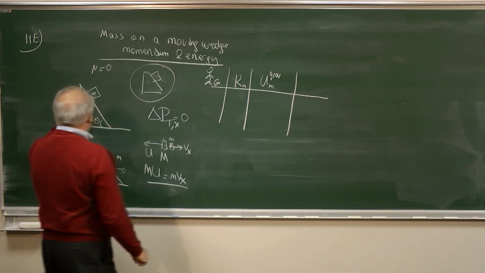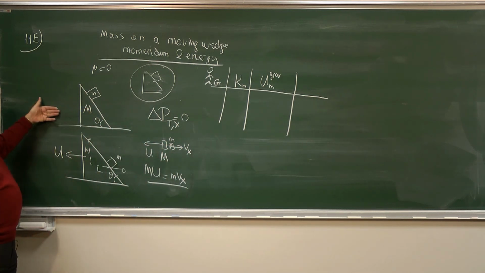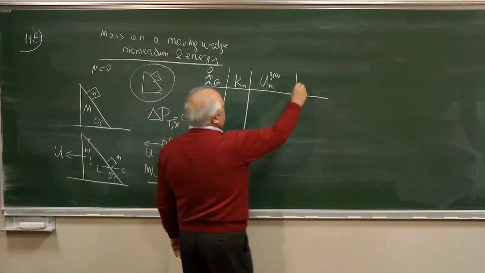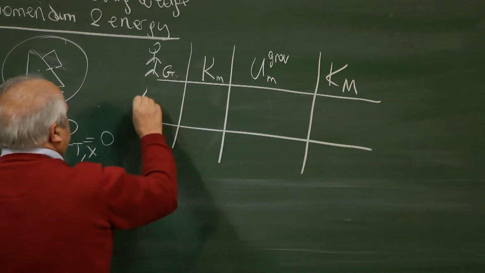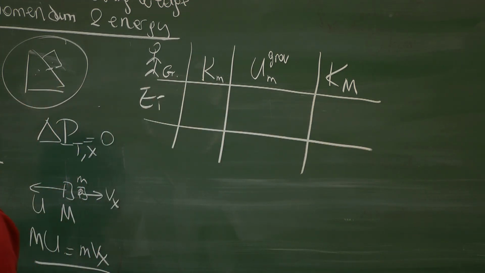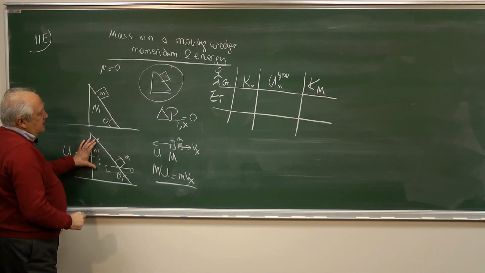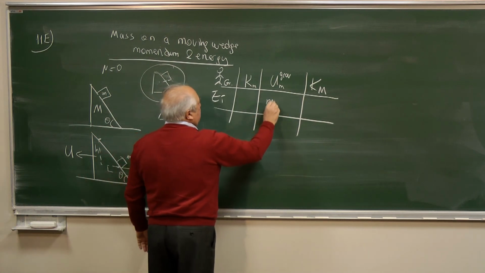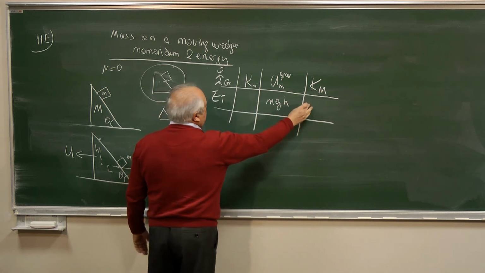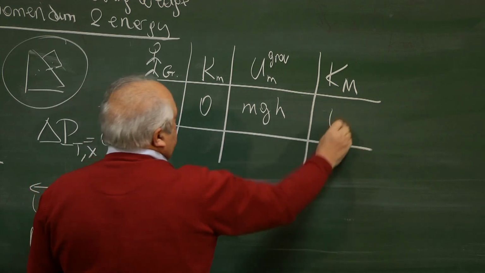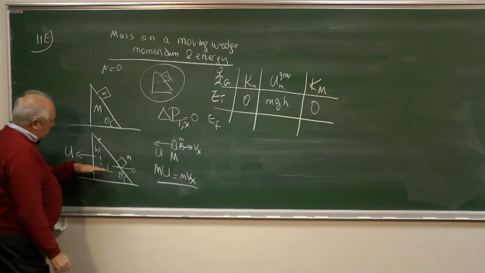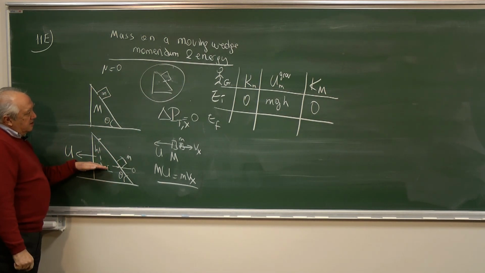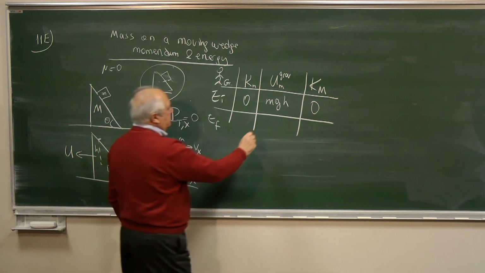And since this wedge is not going up and down, it can only have kinetic energy. So the kinetic energy of the wedge, KM. So initial energy is, well, this is the gravitational potential energy, mgh. And both of them are at rest, 0, 0. And E final, since we took this as the reference point of the gravitational potential energy, it is 0.